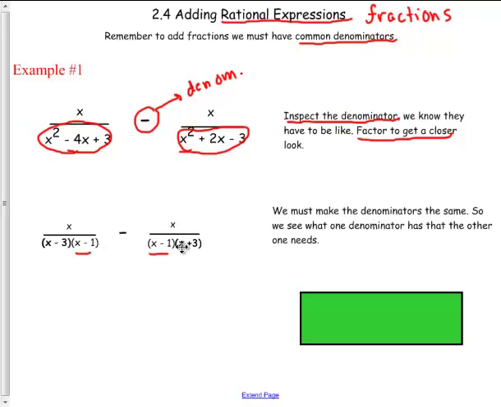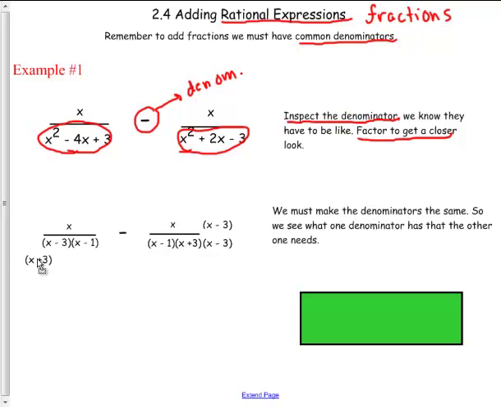Well, we're just going to multiply. See how this has an x minus 3? And this one doesn't have an x minus 3? Well, we're just going to take that x minus 3 from the other one, and we're going to multiply top and bottom by x minus 3. So now this one has an x minus 3 and x minus 1. This has an x minus 3 and x minus 1, but it doesn't have the x plus 3.